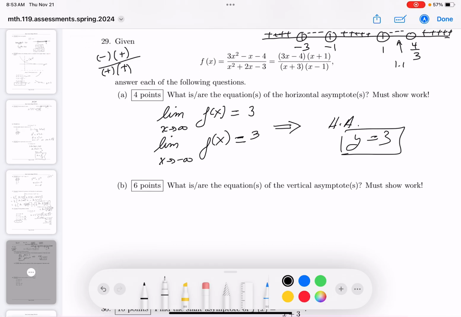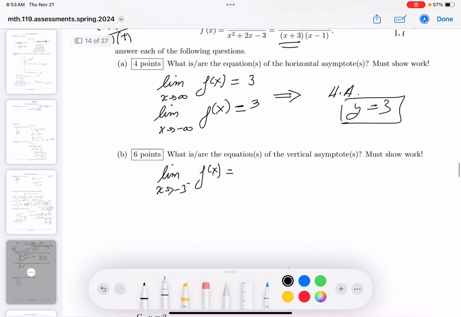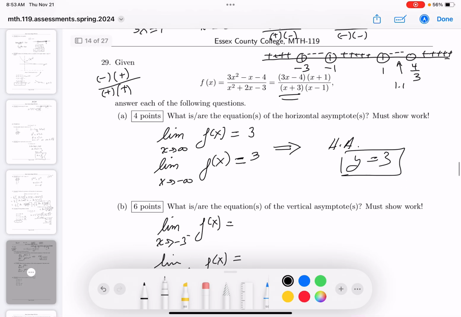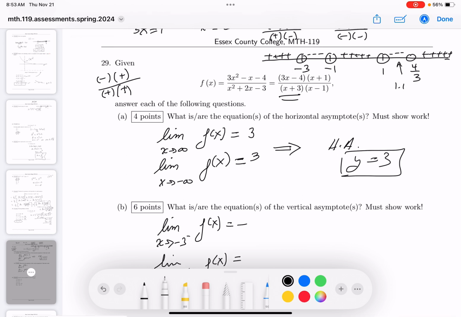There are going to be two limits I do. The first one is the limit as x approaches minus 3 from the left side of f of x, and then the limit as x goes to minus 3 from the right side of f of x. Looking over here, from the left side, I see this is positive.